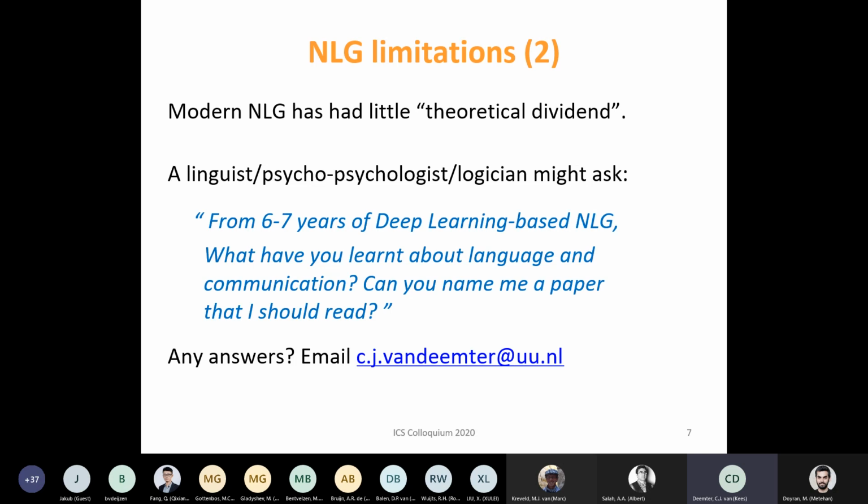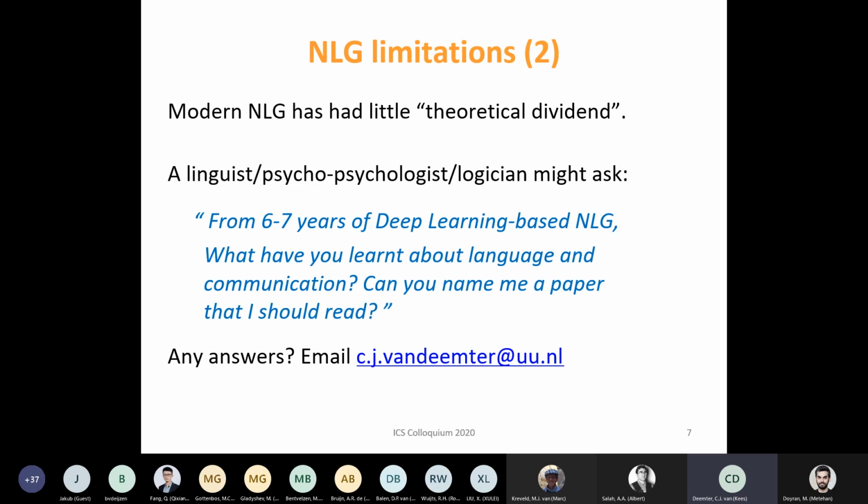Recently at an event, I asked about what I call the theoretical dividend of my subject. I asked the question that you see there in blue. So suppose a linguist or a psycholinguist or a logician might ask you, from all those years that we're now doing deep learning based, let's say neural NLG, what have we learned?